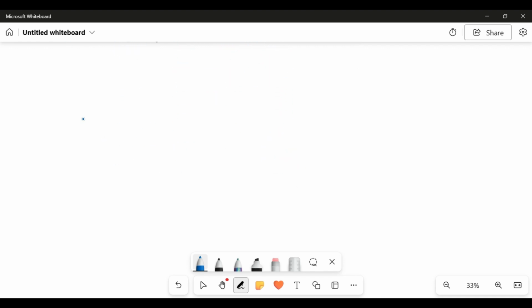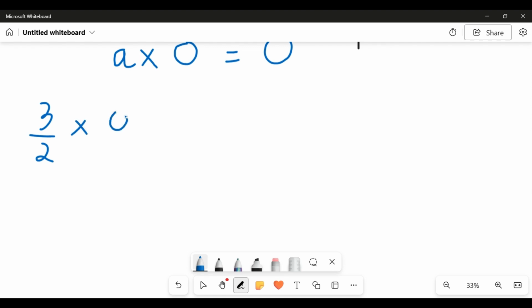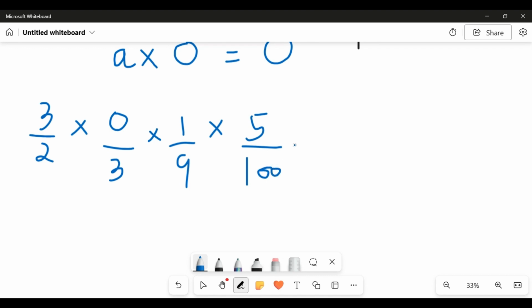So if our fraction includes a 0, let's say 3 by 2 multiplied by 0 divided by 3, whenever there is a 0 in any of the fractions, let's say 1 by 9 or a big number like 5 by 100, it can be any number of fractions, even 100 fractions, whatever the fractions are, the answer will be 0.